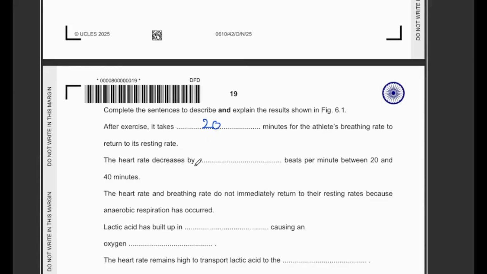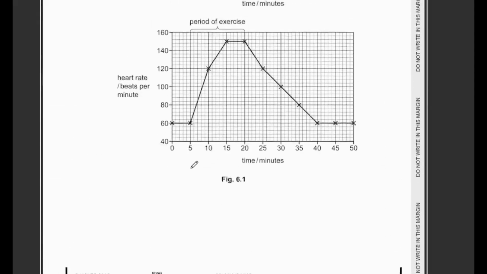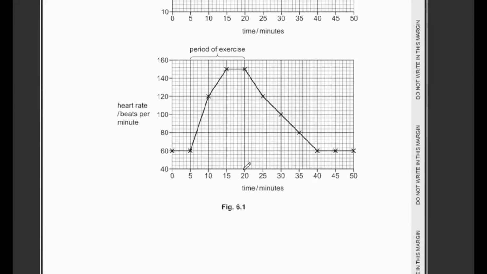Then the heart rate decreased by dash beats per minute between 20 to 40. 20 to 40, how much is it? 20 is 140, that means approximately it should be 150, and this one is 60. So how much will you have now?